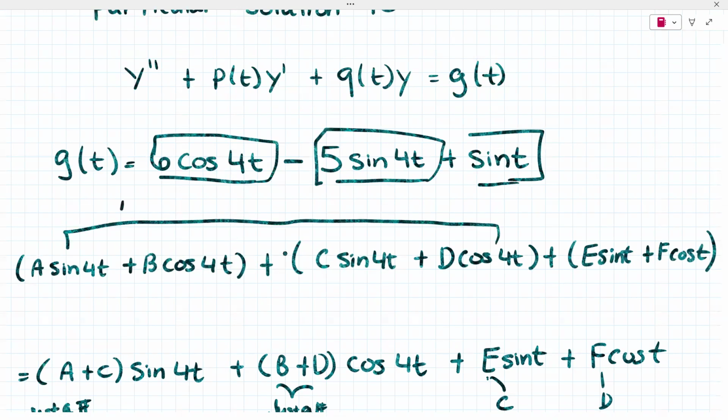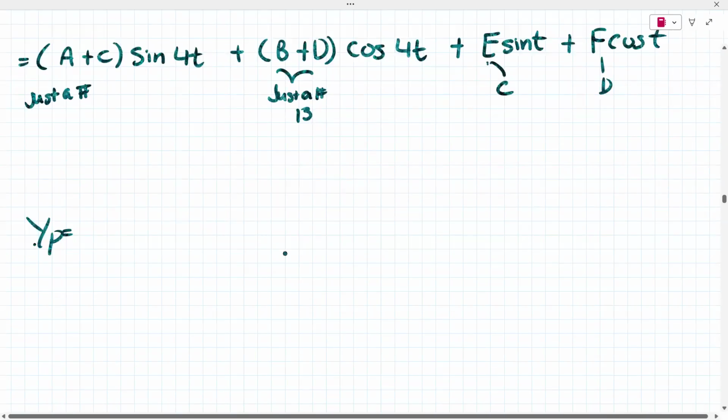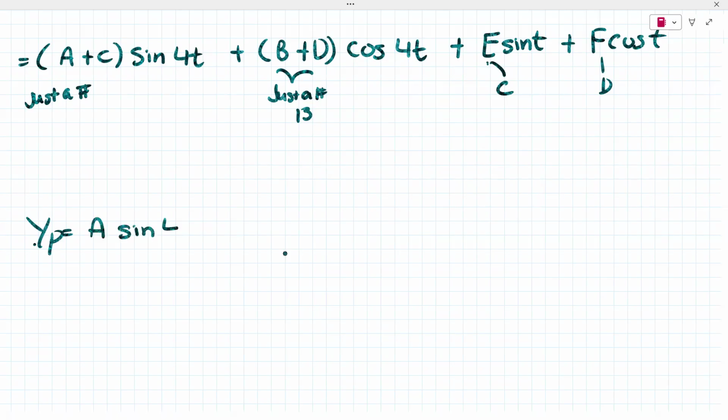So what do we do if something looks similar? You got to multiply by a t, right? So yeah, that's important. So your yp is going to be a sine of 4t plus b cosine of 4t plus c sine of t plus d cosine of t.